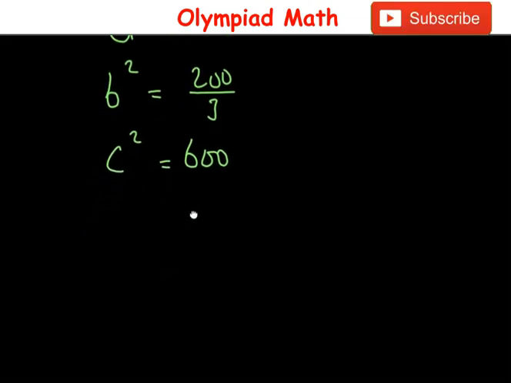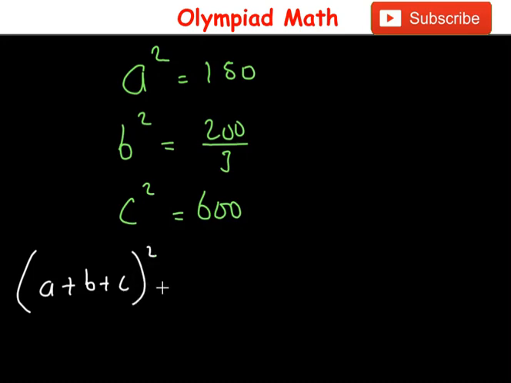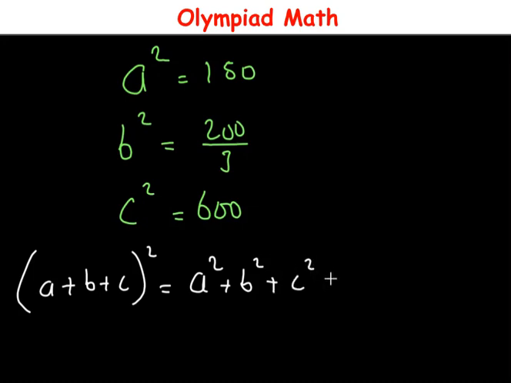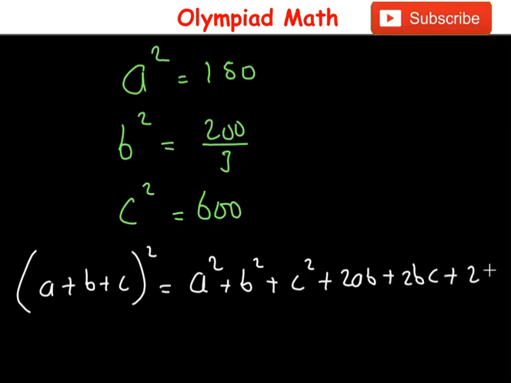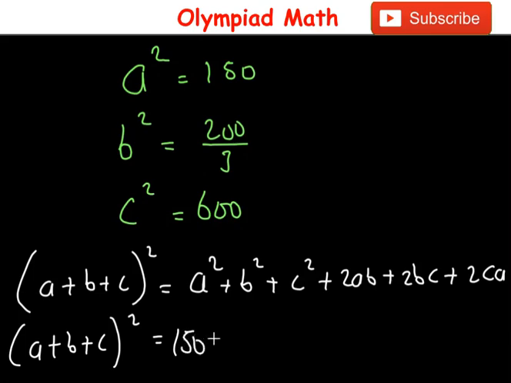So with this, the next thing we're going to do is to recall that if you have A plus B plus C all squared, this equals A squared plus B squared plus C squared, then plus 2AB plus 2BC plus 2CA. In this case, the value of A plus B plus C all squared equals A squared is 150 plus B squared is 200 over 3 plus C squared is 600 plus 2 times AB.